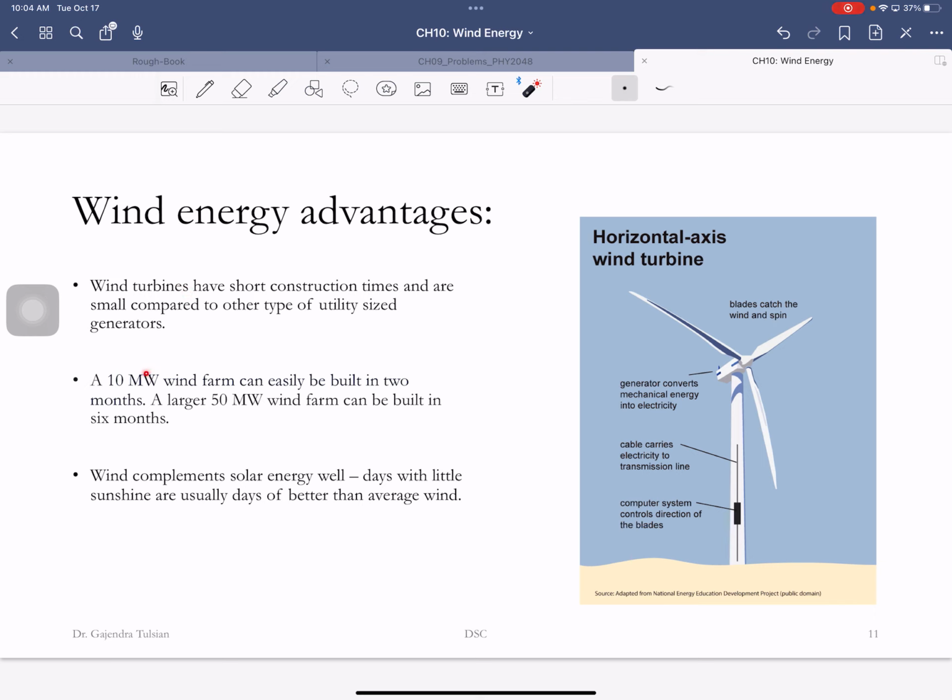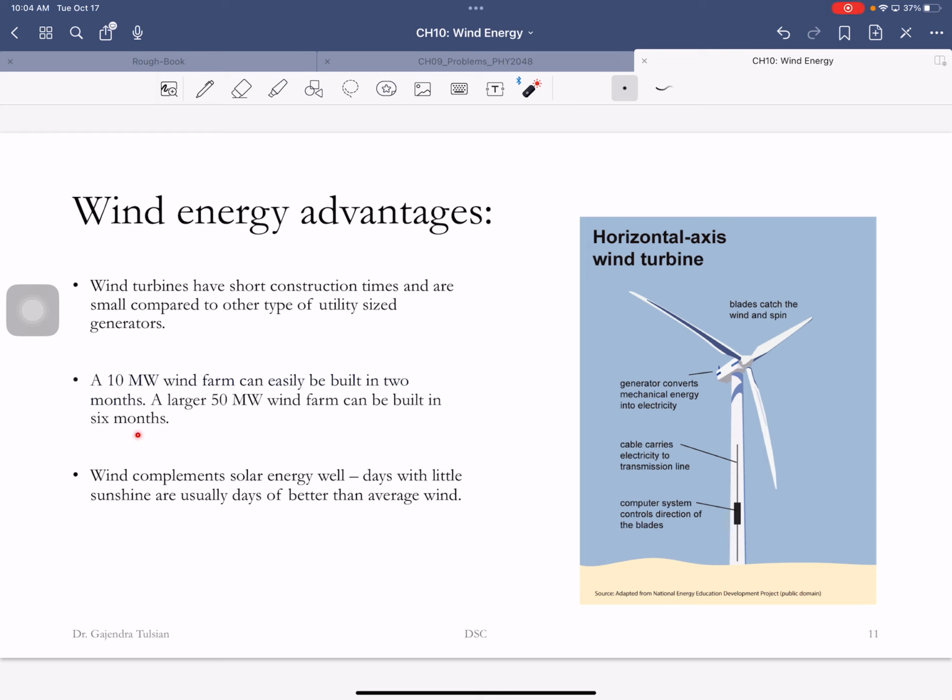Right now, a single large windmill can produce 10 megawatts. So to build a Hoover Dam, all you need is 100 of those. Easy. It can easily be built in 2 months.